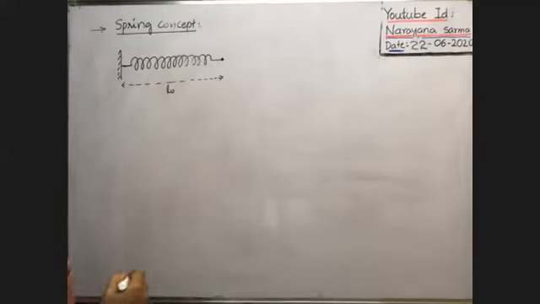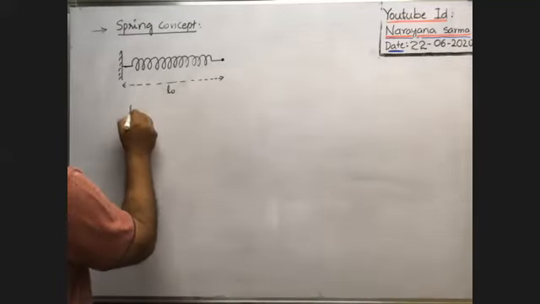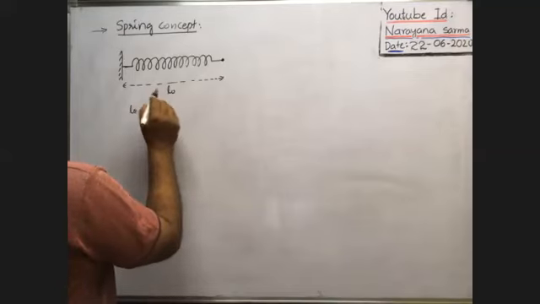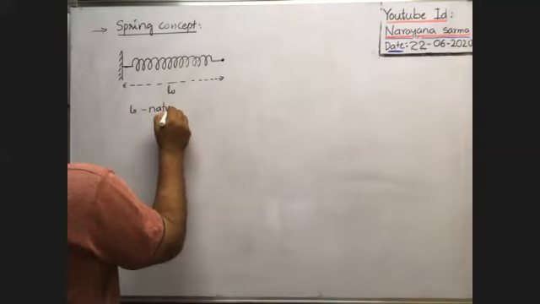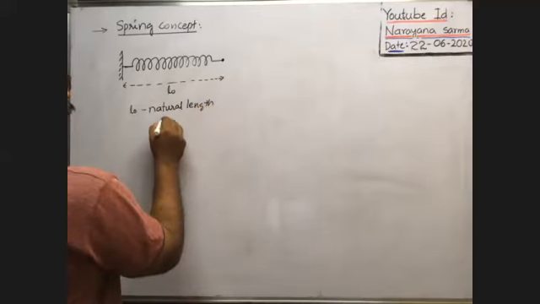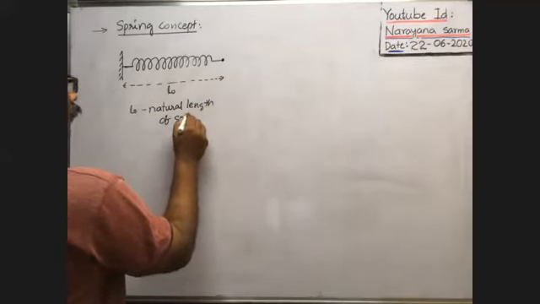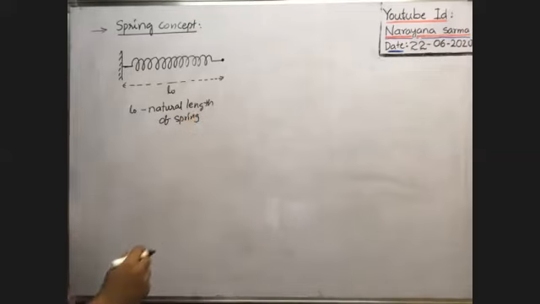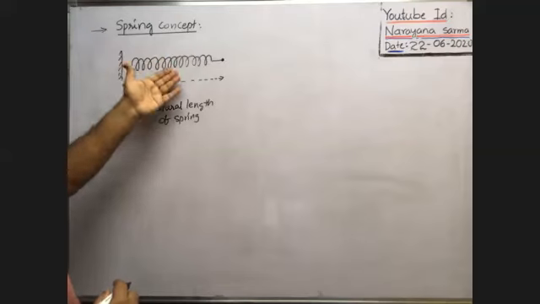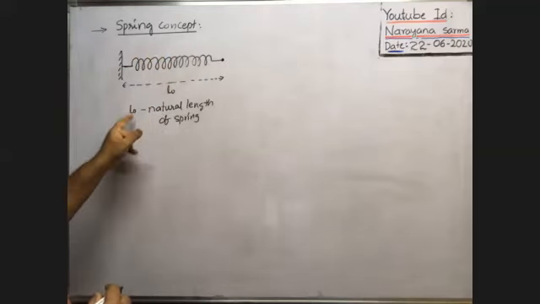That is the natural length, or the original length, of the spring. That means when no force is applied on this spring to extend or to compress, at that time the natural length of the spring is L0.